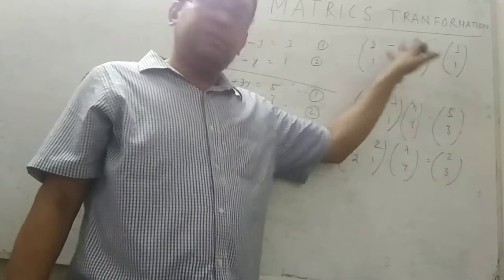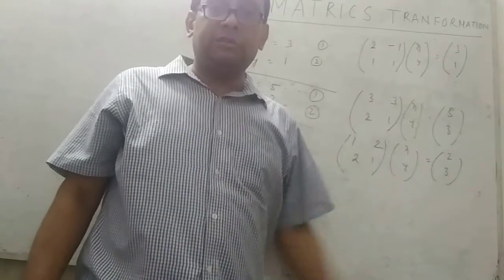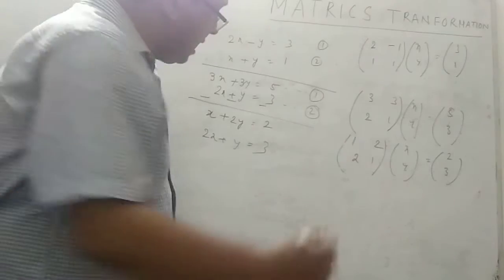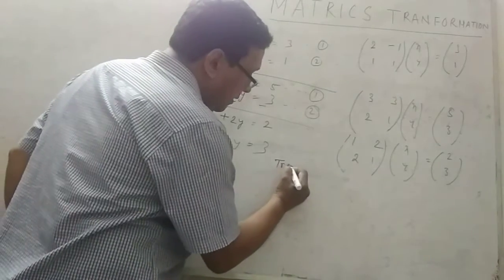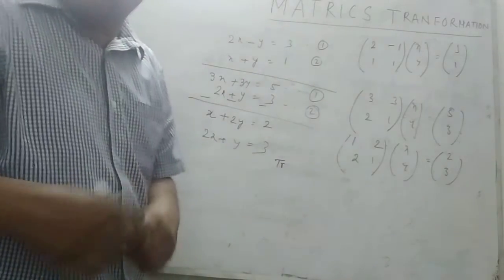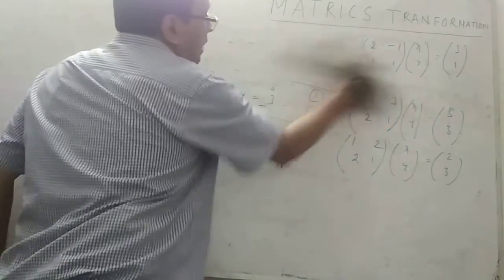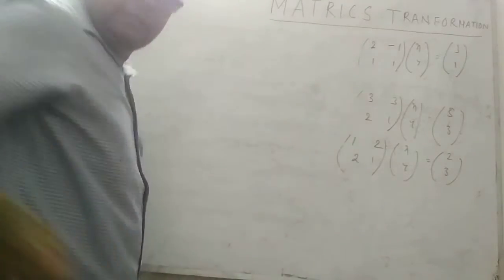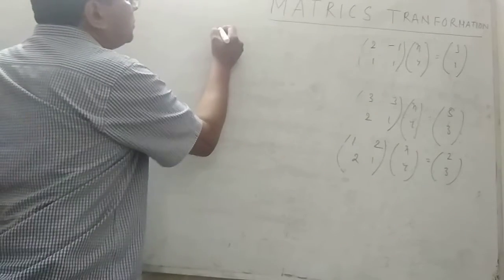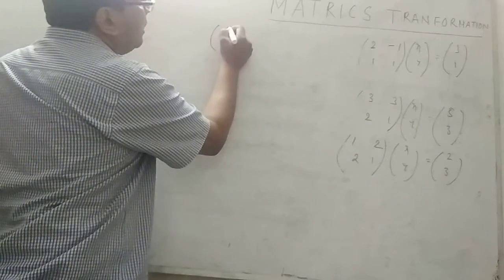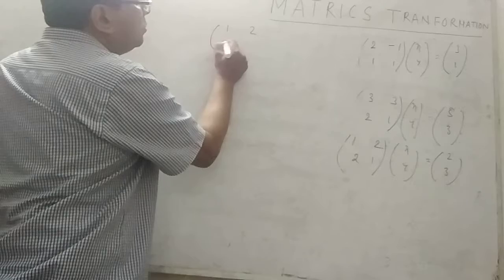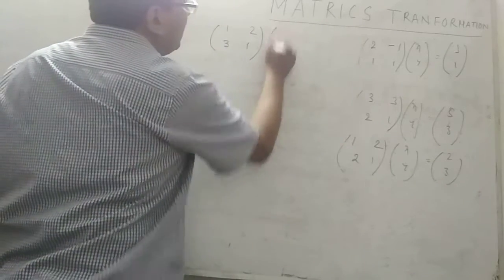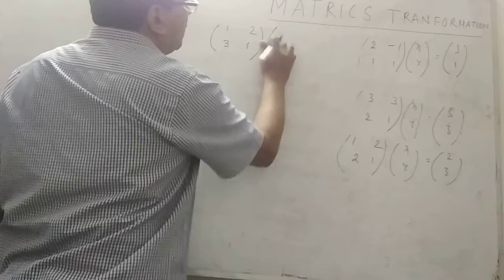So these 3 important transformations we have learned today. Number 1, what transformation have we learned? Let us recapitulate, and I am writing over here. Suppose this matrix 1, 2, 3, 1 is a matrix.